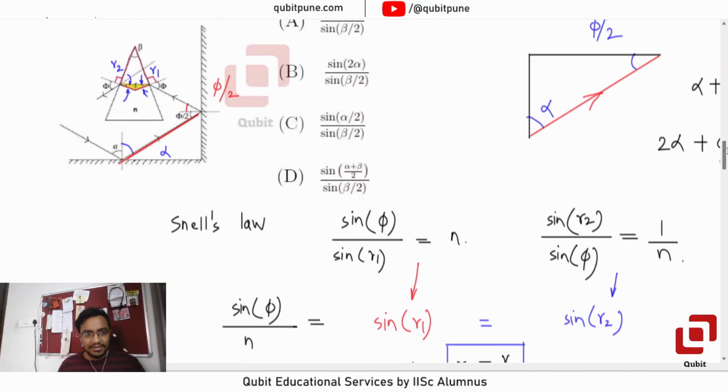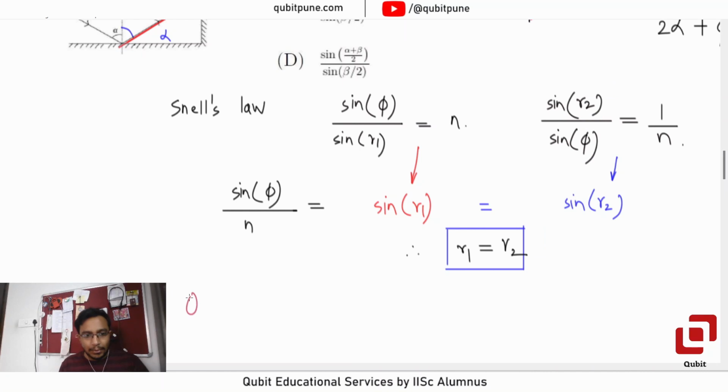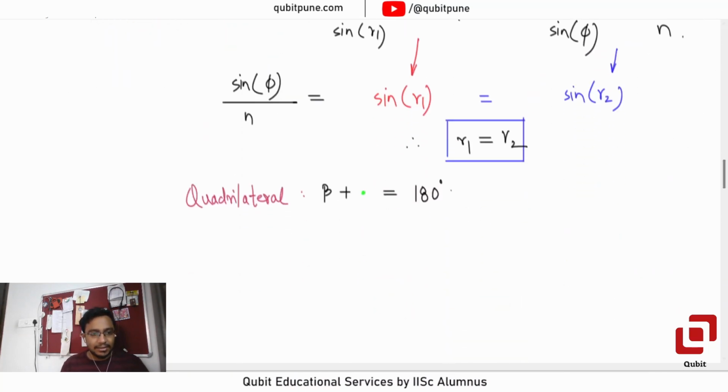You can zoom in and check whatever relation we just updated if you have any doubt. First relationship is from the quadrilateral: beta plus green dot plus two right angles equal to 360 degrees. So beta plus green dot is 180. Now suppose we consider that yellow triangle.